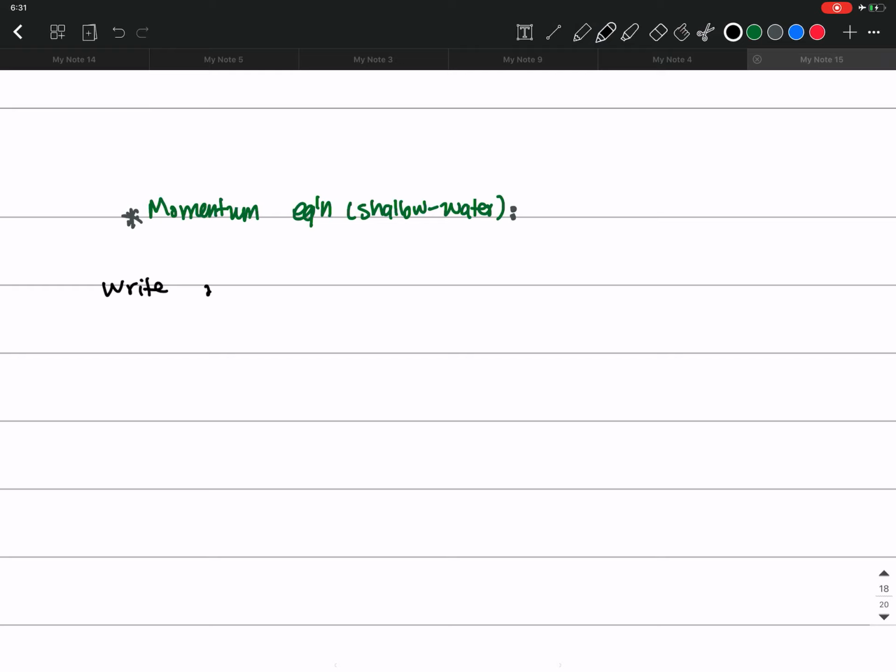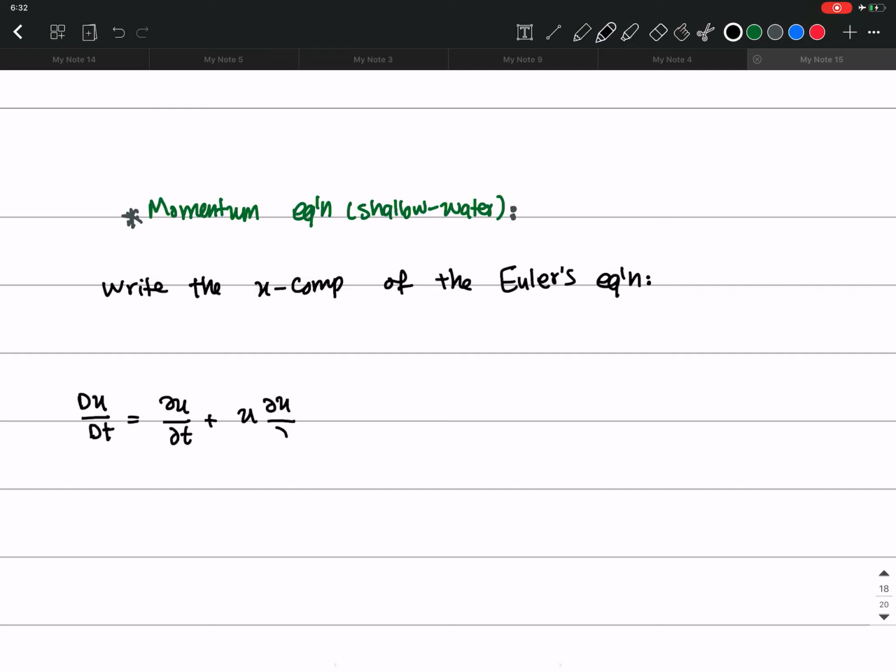Write the x component of the Euler's equation. So I start with the Euler's equation, but only the x component of that. So we have du over dt, which equals partial u over partial t plus u partial u over partial x.